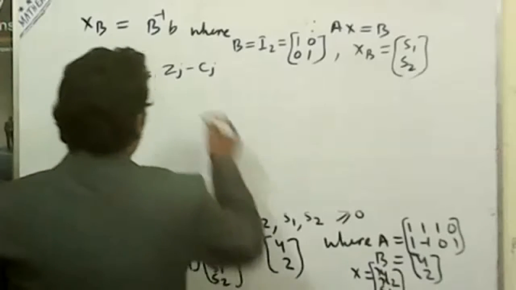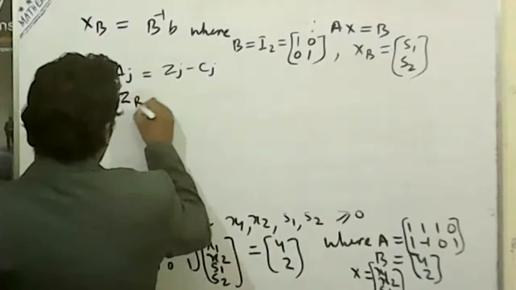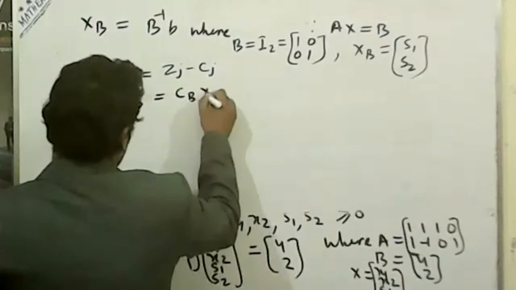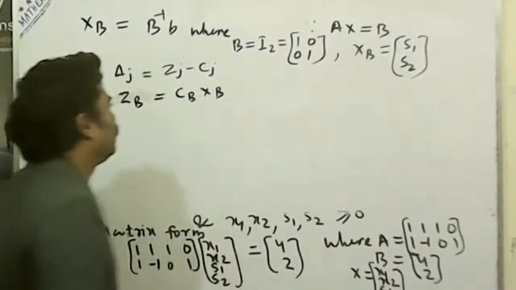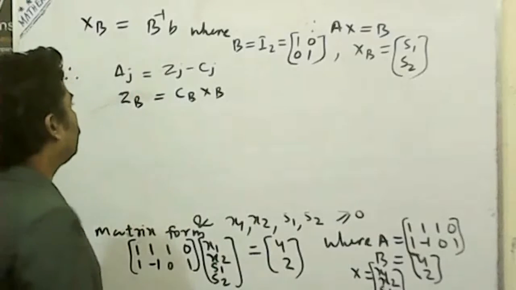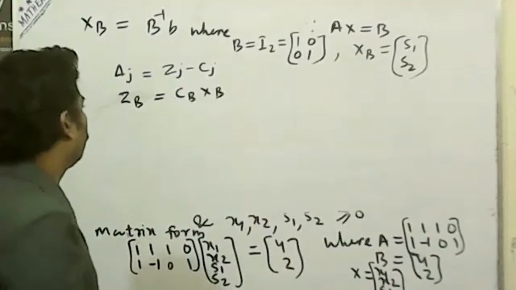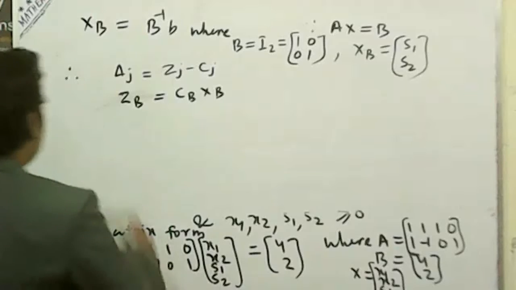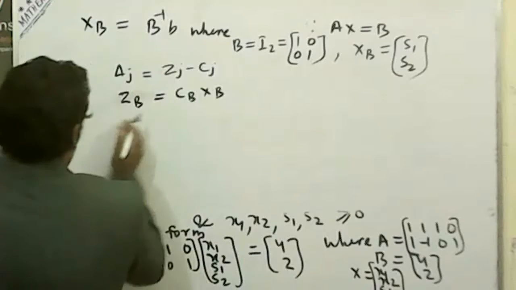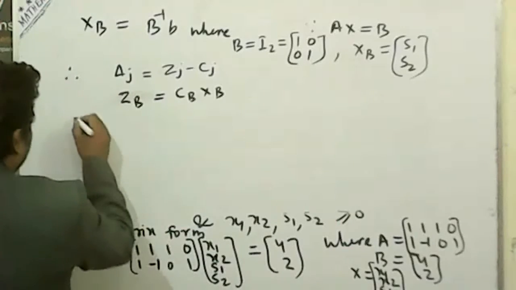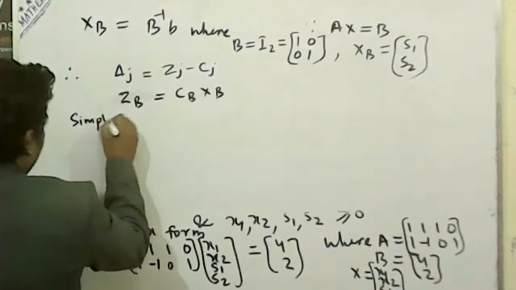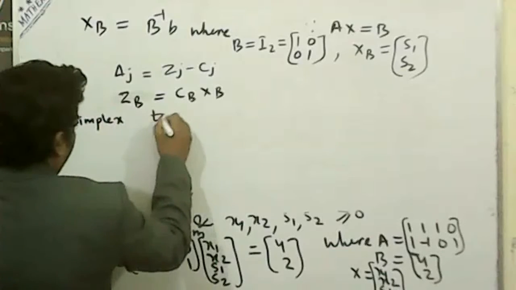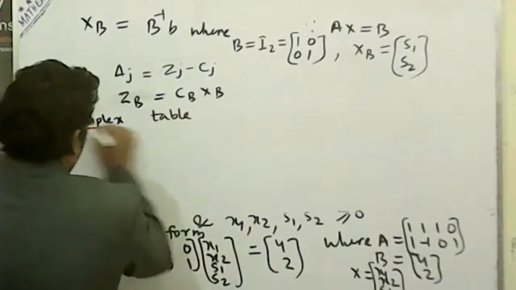Now here, zB is equal to cB xB. So in the simplex table we can find out the values.